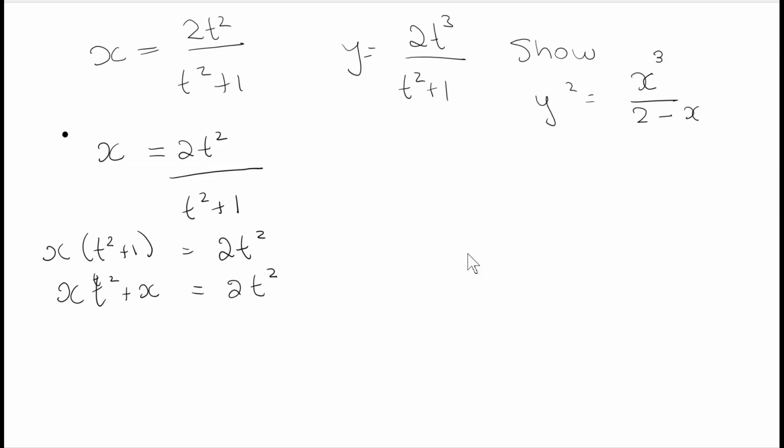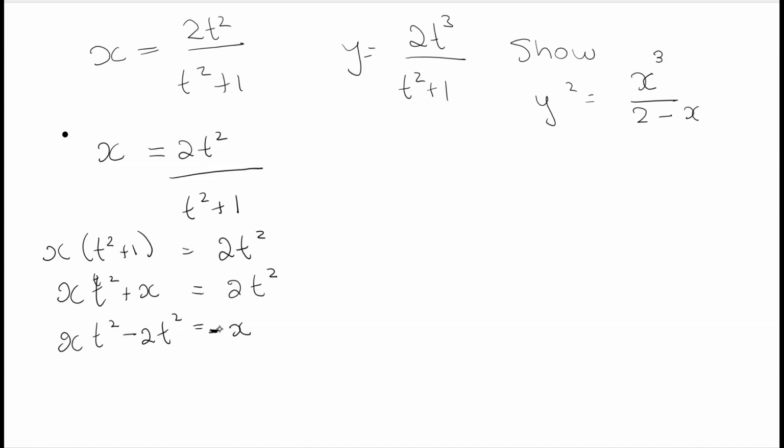So we would get the t squareds on this side. It would be xt squared minus 2t squared equals negative x. But that's just going to mess things up a little bit.